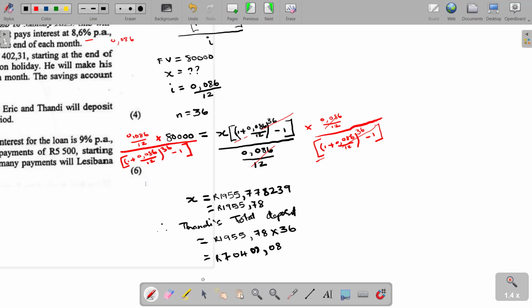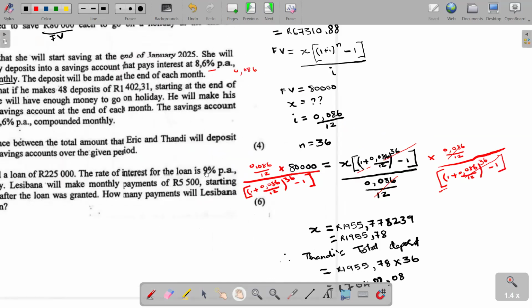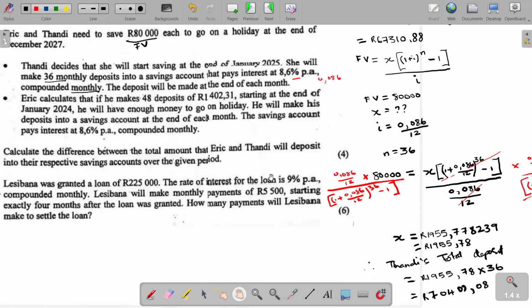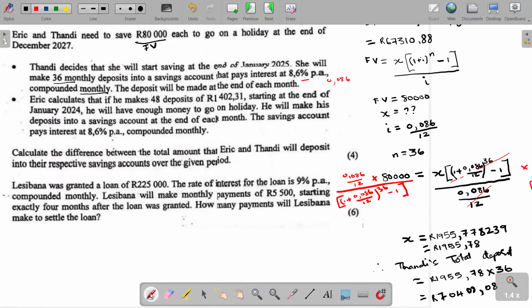Then check the question. The question does not want the totals. The question actually wants the difference between the totals. So to get the difference between their total deposits, we now answer the question.